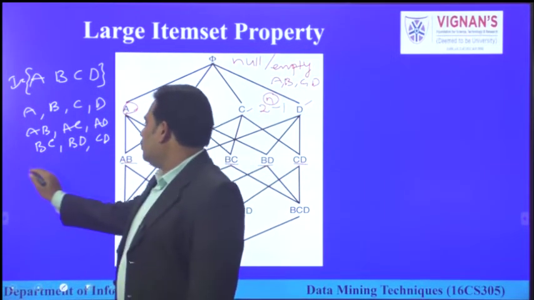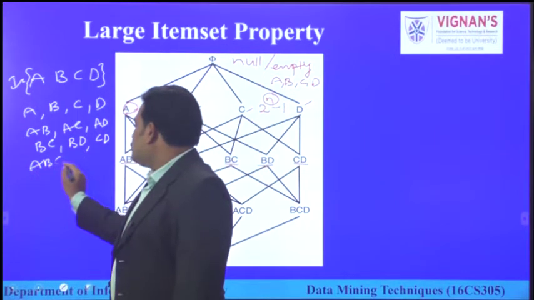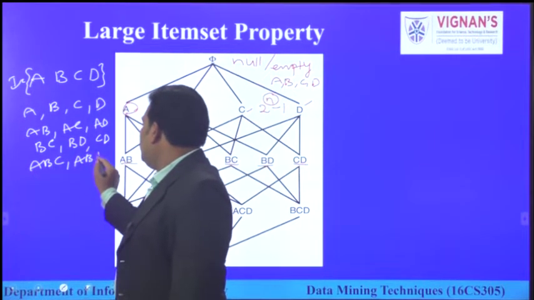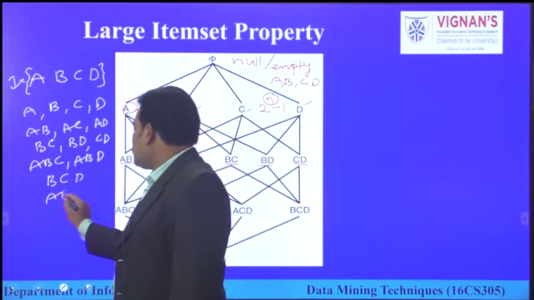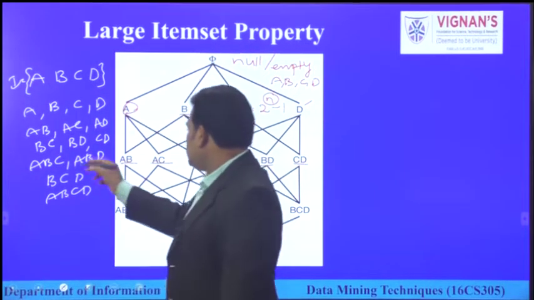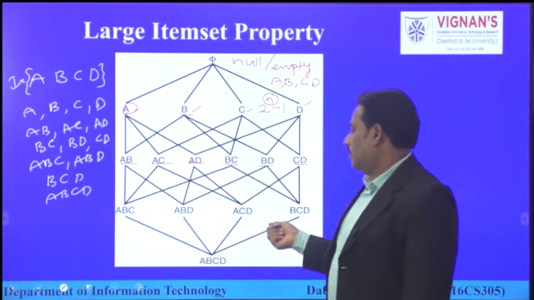Then we create 3-item sets: ABC, ABD and BCD, and finally the 4-item set. All these item sets we can observe in this lattice structure.